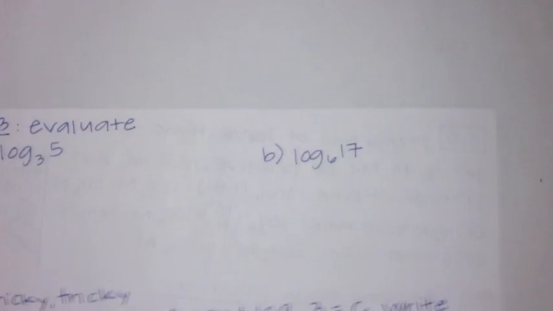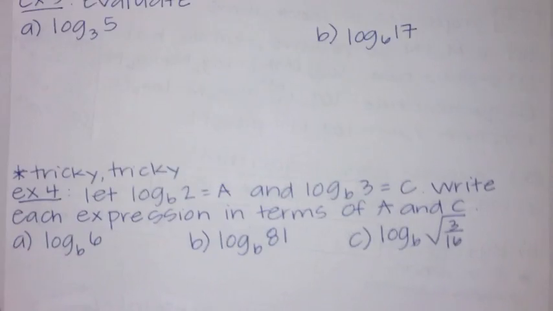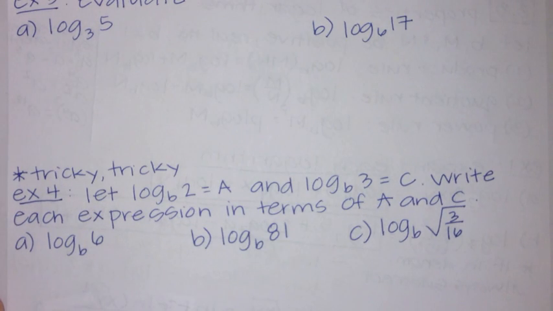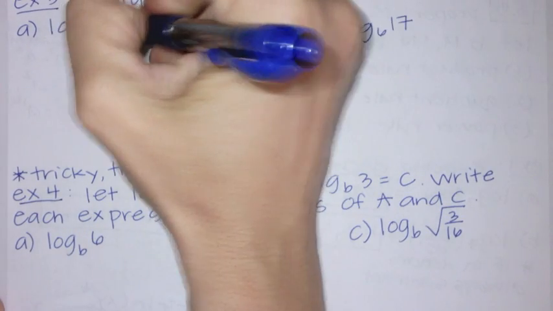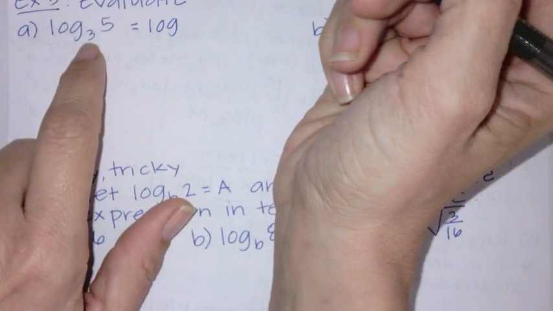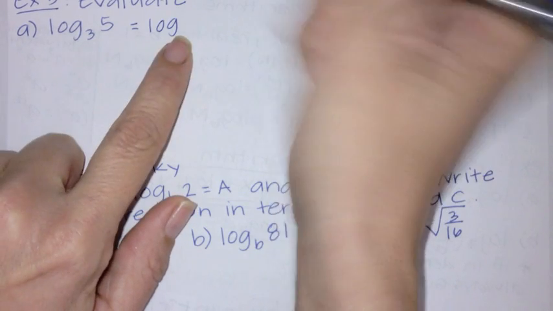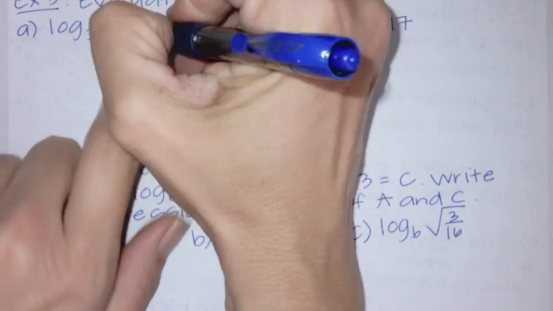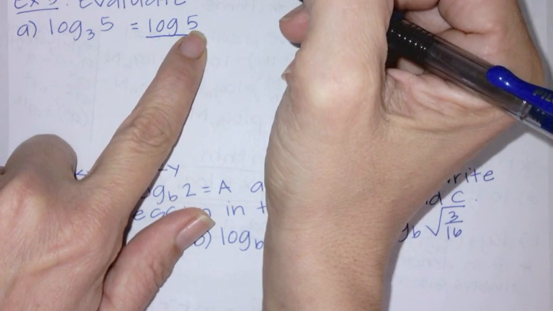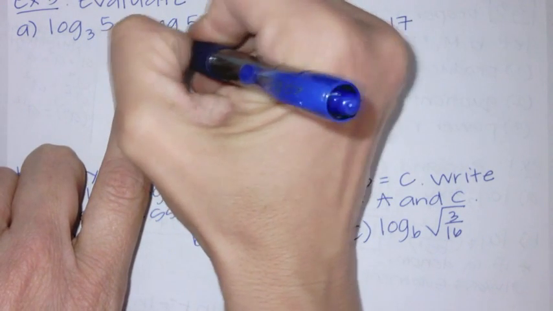All right, so then we're moving on to how to evaluate these. Example 3 says evaluate log base 3 of 5. It's really your preference, but what you're going to do is change the base. So this is log base 3. We learned that if we change it to log base 10, we put the log base 10 of the argument in the numerator, and the log base 10 of the base in the denominator.